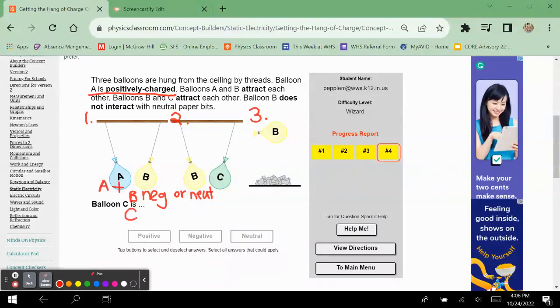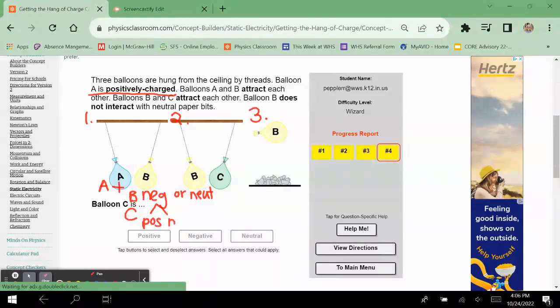For C, if B was negative, that means that C, since it's attracting in step 2 here, could be positive, or it could be neutral.